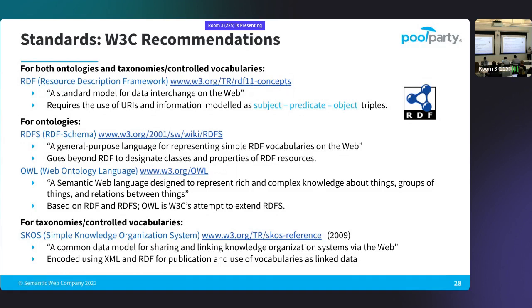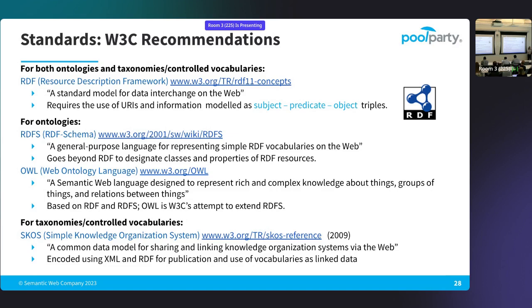And then OWL, which is Web Ontology Language. I know the acronym isn't exact, but it's easier to say OWL. It goes beyond just being a standard. It's even more descriptive to explain the features of ontologies, and it's based on RDF and RDFS. It is quite extensive, the whole OWL guidelines. If you go to this page, there's a lot there.